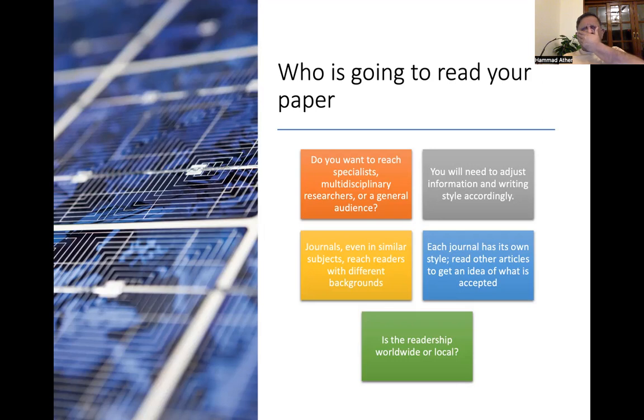Sometimes when you send it to one journal and it gets rejected, you send it to another journal without modifying it to the needs. Your article is going to come back saying that it has to comply with the requirements of that journal.